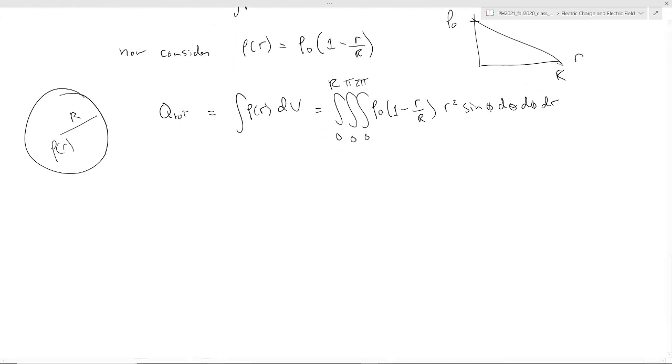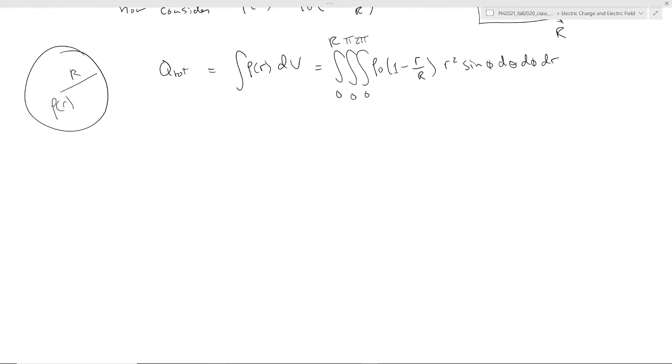Now let's do ourselves a favor and break this in two. So we have this difference, and so on the one chunk we'll have really just the rho naught times, there's a 1 there, I guess, integrated over the volume. So what is that? That's just rho naught times what we already found.